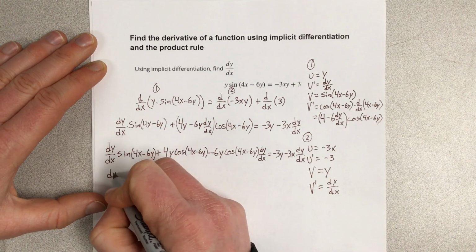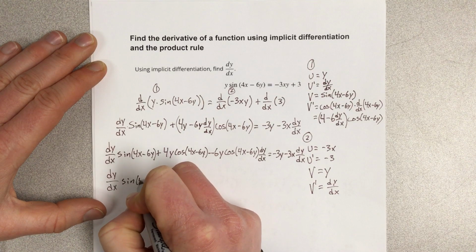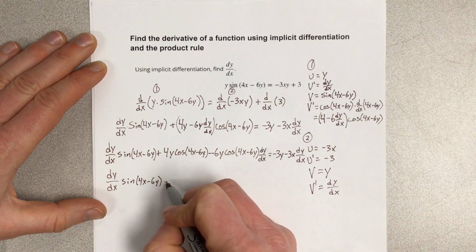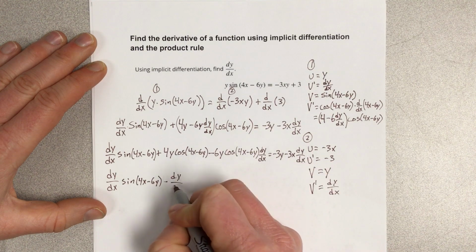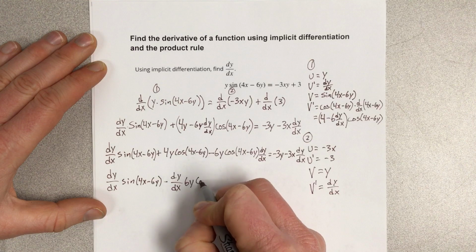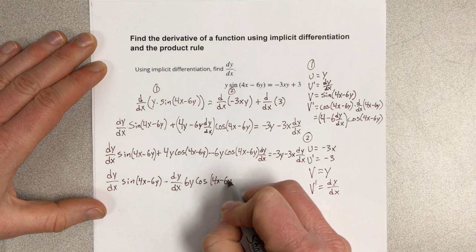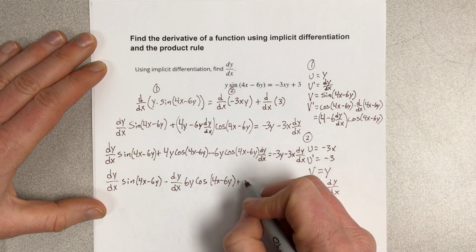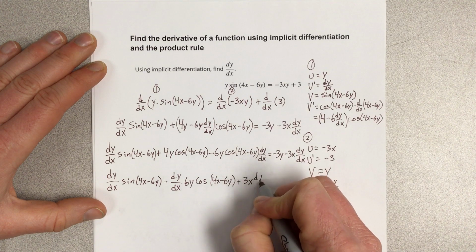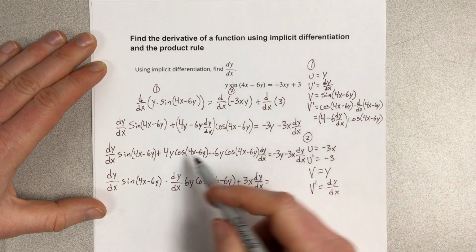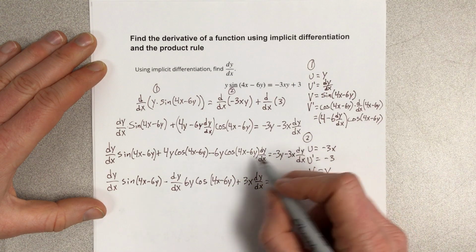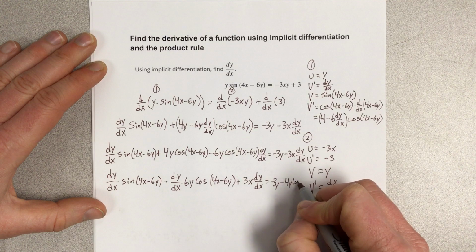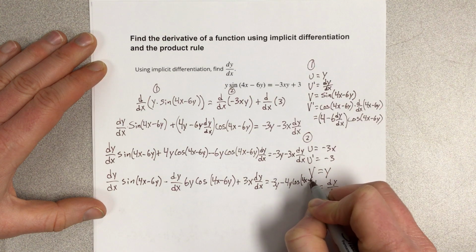So I get dy/dx sine of 4x minus 6y minus, I'll put the dy/dx out front now, so dy/dx 6y cosine 4x minus 6y plus 3x dy/dx is going to equal, when I subtract this over and leave the negative 3y there, I get negative 3y minus 4y cosine of 4x minus 6y.